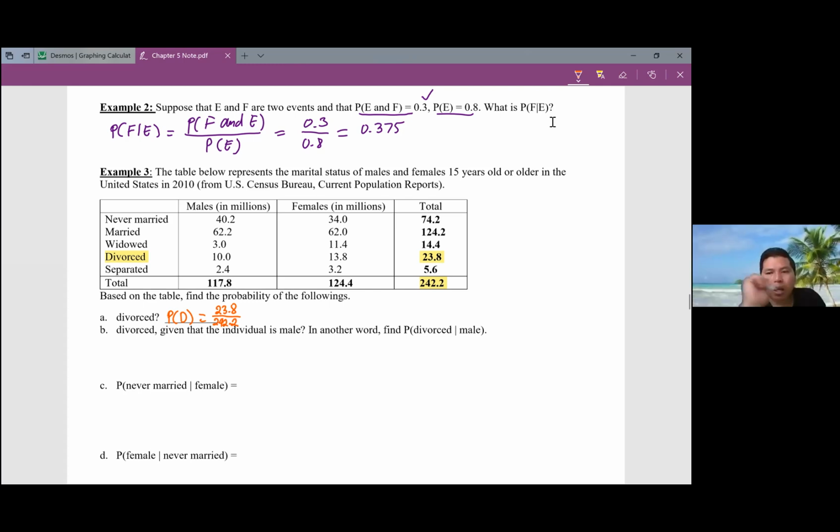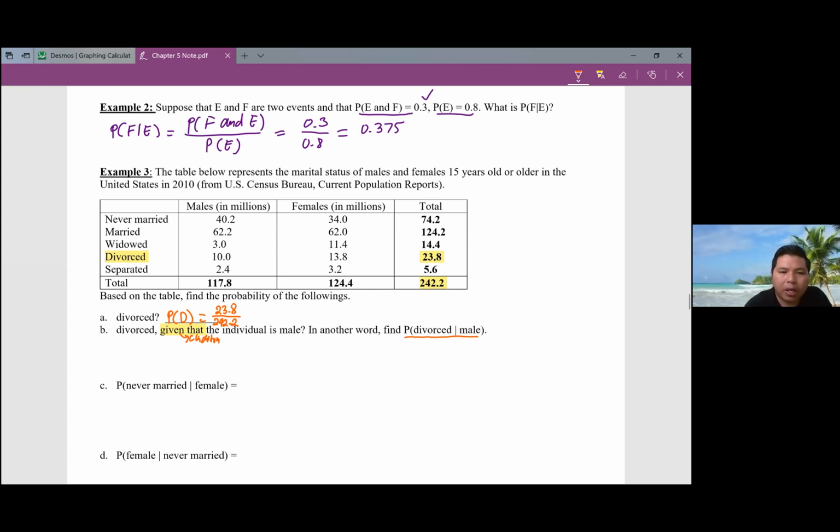Now, I want to find out the probability of divorce given that the individual is a male. You can see here, that's the condition, right? Given that, so that's the condition. So you want to find P of divorce given that it's a male.